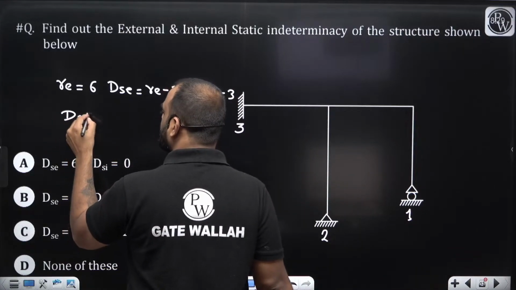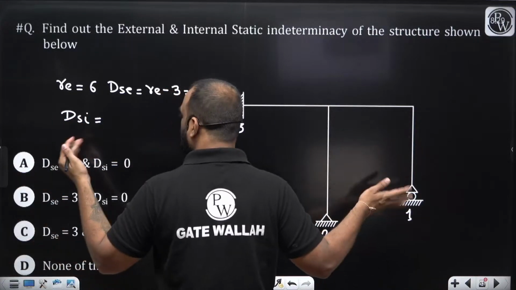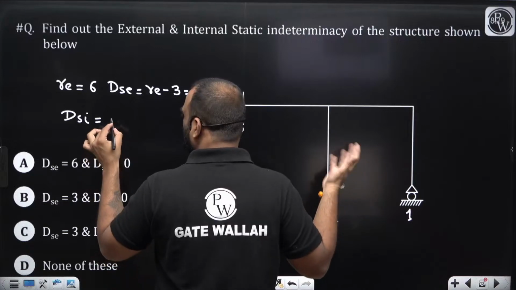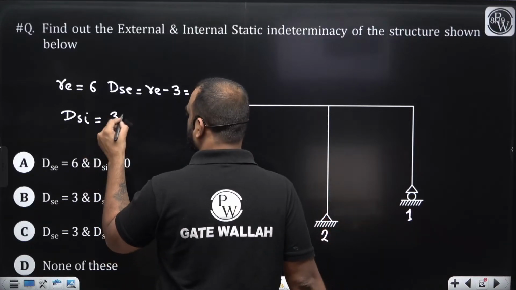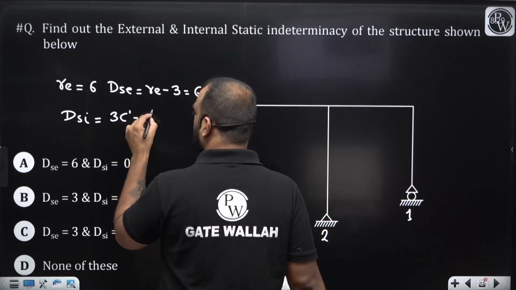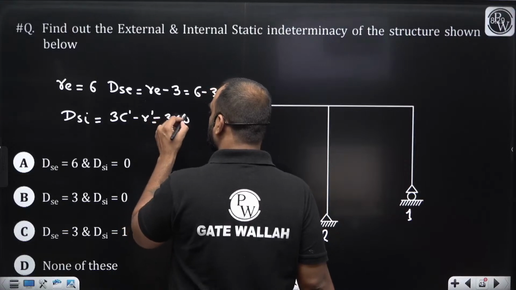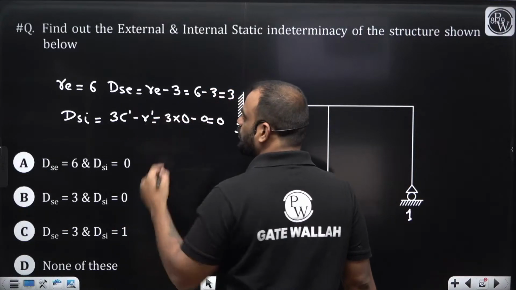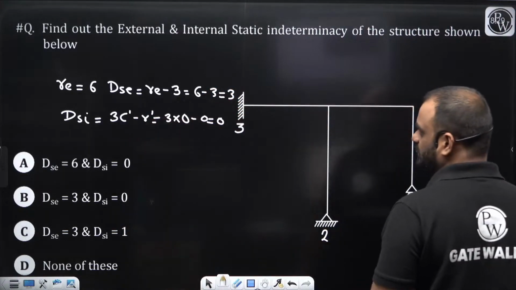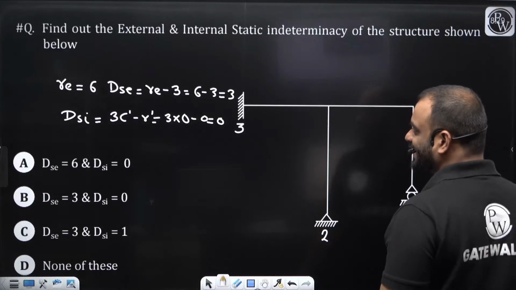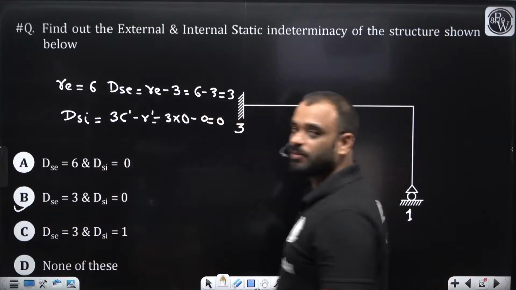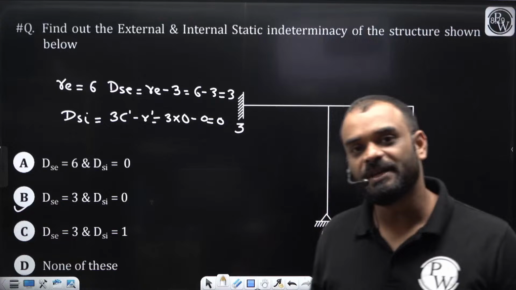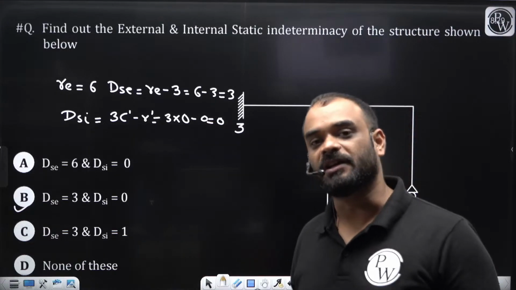We can use the formula of closed loop or cut as in 2D structure. It is already an open structure, so we can write 3C dash minus R dash, 3 into 0 minus 0, it is equal to 0. So the value of DSE is 3 and DSI is 0, sir. That means B option is the correct answer for this problem.